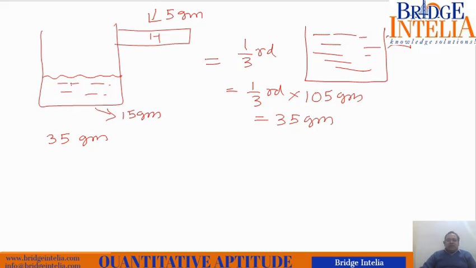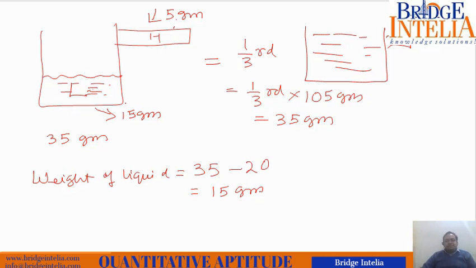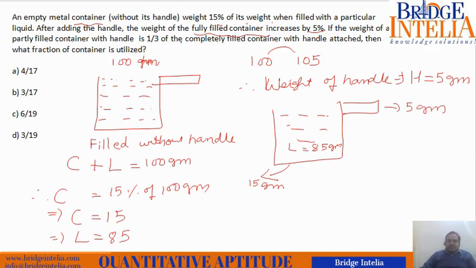So what is the weight of liquid? 35 minus 15 plus 5, that is 20 grams. Already we know 20 grams, so the remaining weight must be coming from liquid. So 35 minus 20 is equal to 15 grams. Then what fraction of the container is utilized?